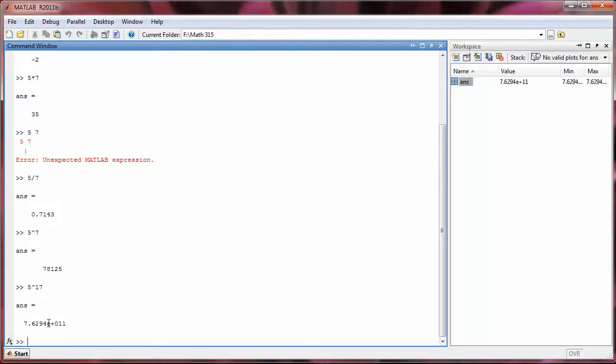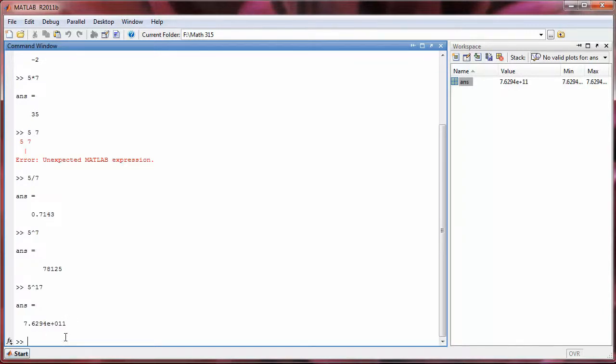And here the E is indicating that we have this first number here being multiplied by 10 to the number that follows the E. So this is saying that we have 7.6294 times 10 to the 11th. Alright, and if we had had a negative sign here instead of a plus sign, then it would be times 10 to the -11th.